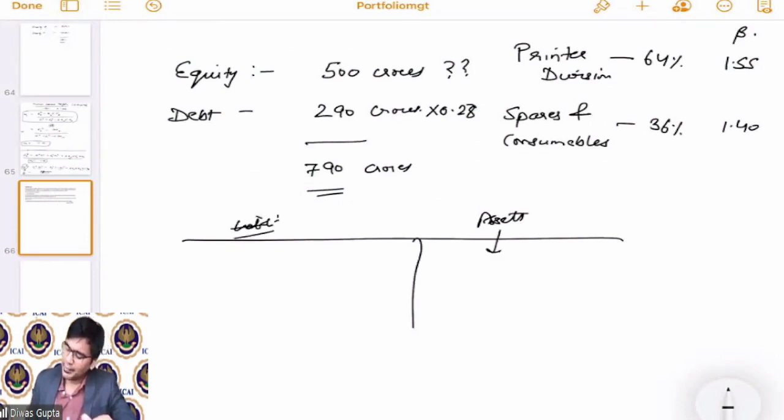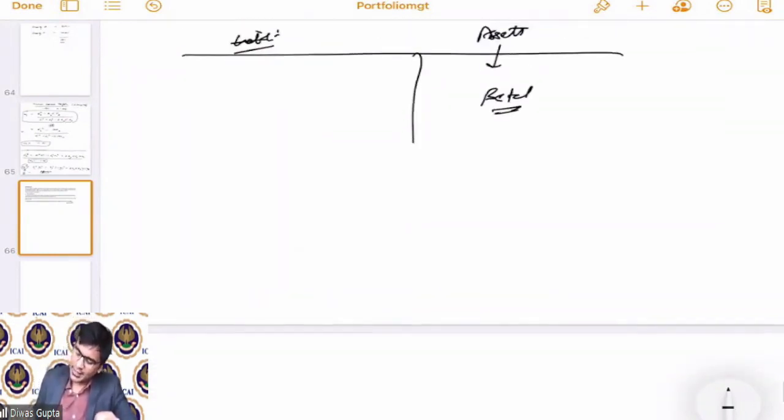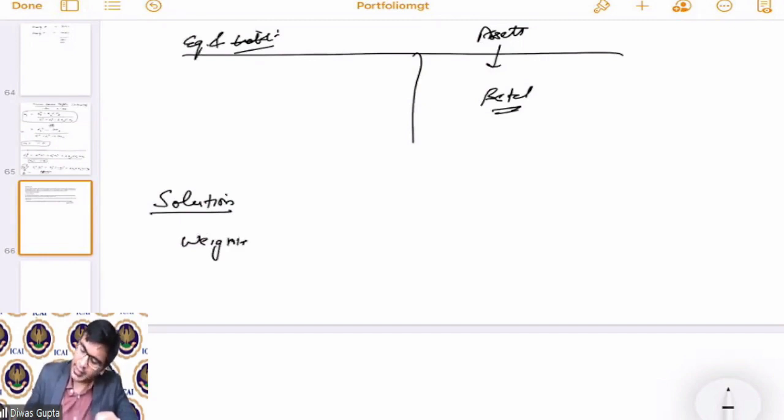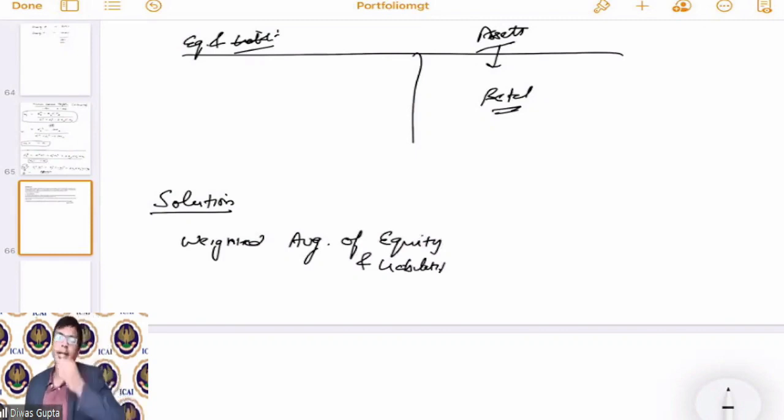Similarly, the weighted average beta of the assets has to be equal to the weighted average beta of equity and liabilities. If the assets beta results in some number x, the sources of funds, equity and liability, also have to behave in the same manner.